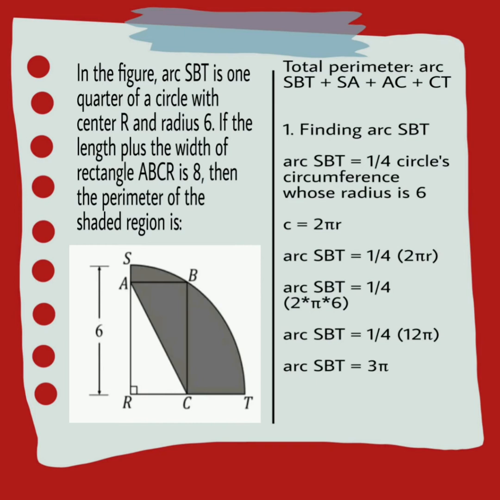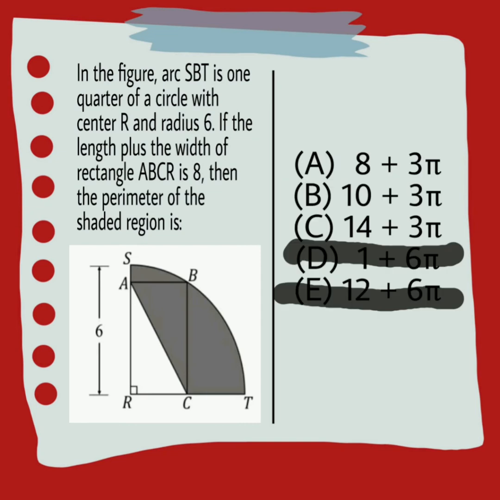SBT is 1/4 of that, so we divide by 4. 12 pi over 4 is 3 pi. So already we can eliminate D. We know that it has to be A, B, or C, just by solving for SBT.